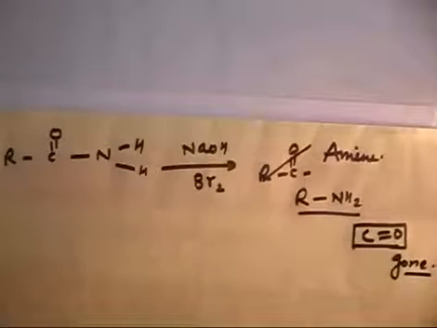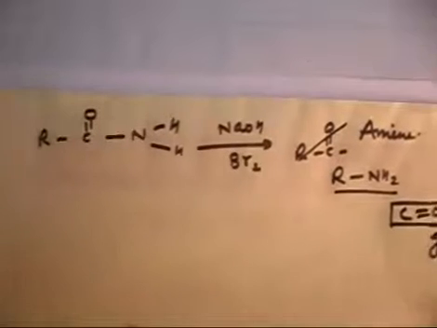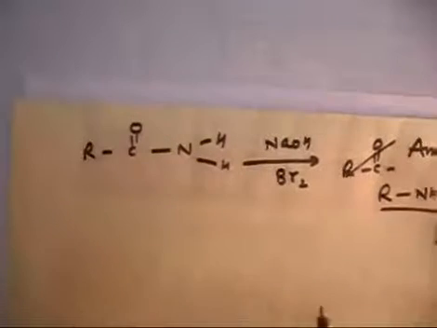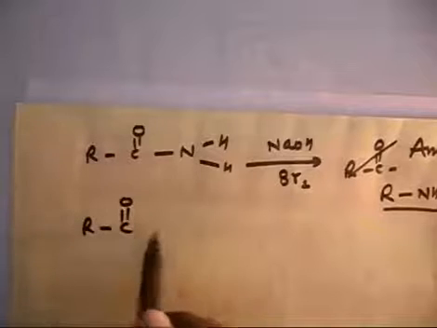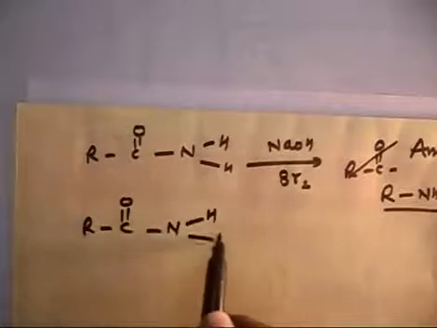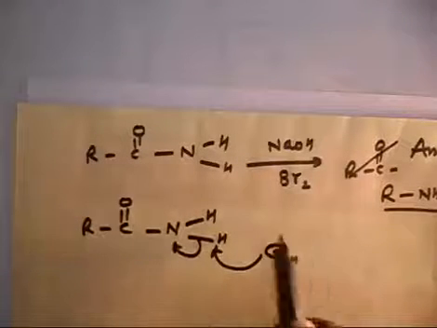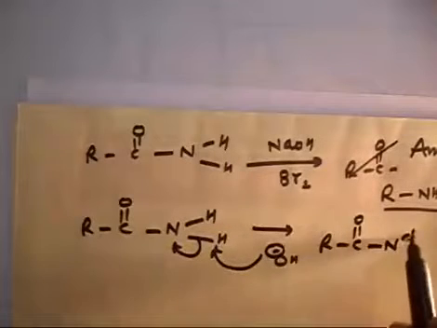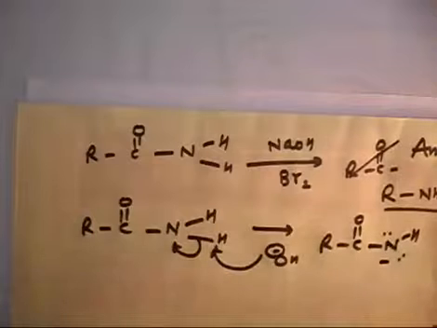Now let me revise the mechanism for this reaction. If you have some idea, in the first step OH minus takes an H plus. In the amide, I am just going in short, I will not explain in detail. OH minus will take one proton, and I will have RCONH with a minus charge here.